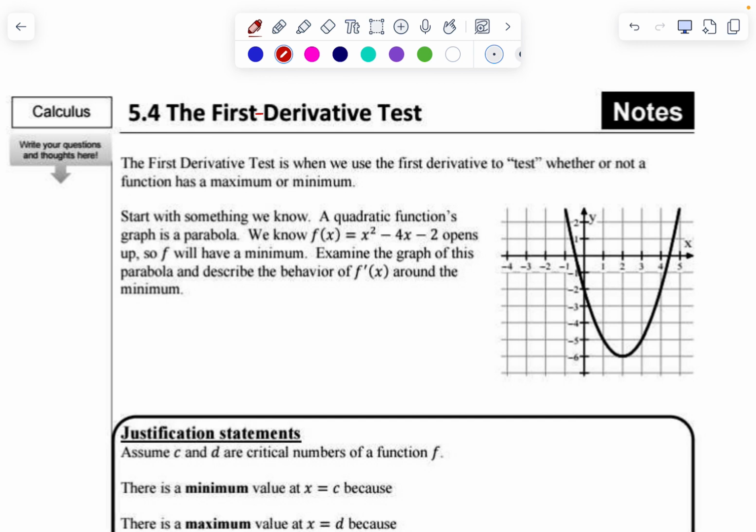What did we just get done using the first derivative for? I'm saying just, like last night, yesterday. Okay, well, I'm asking you this for a reason.